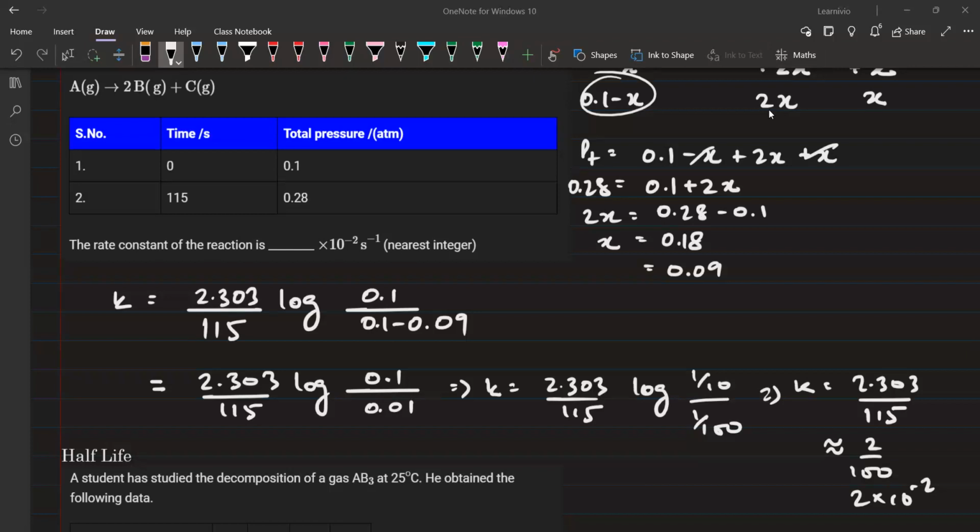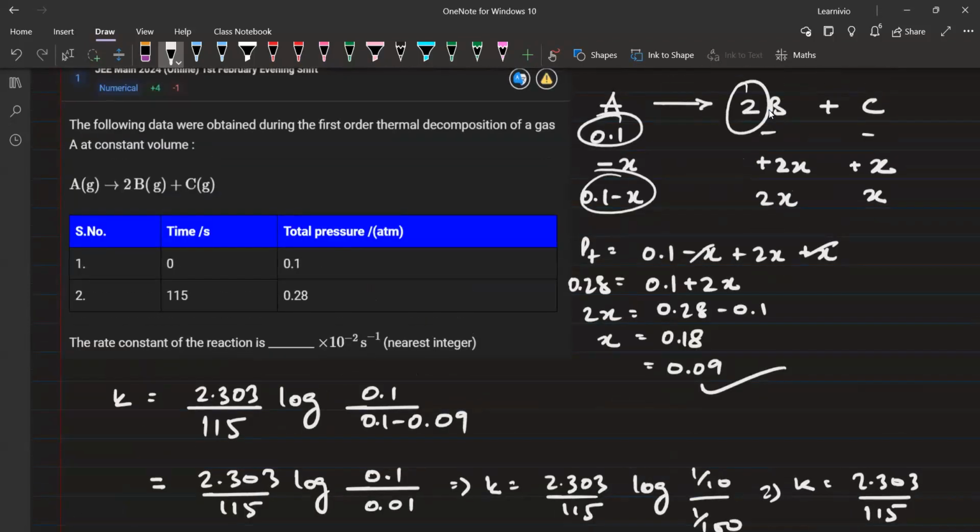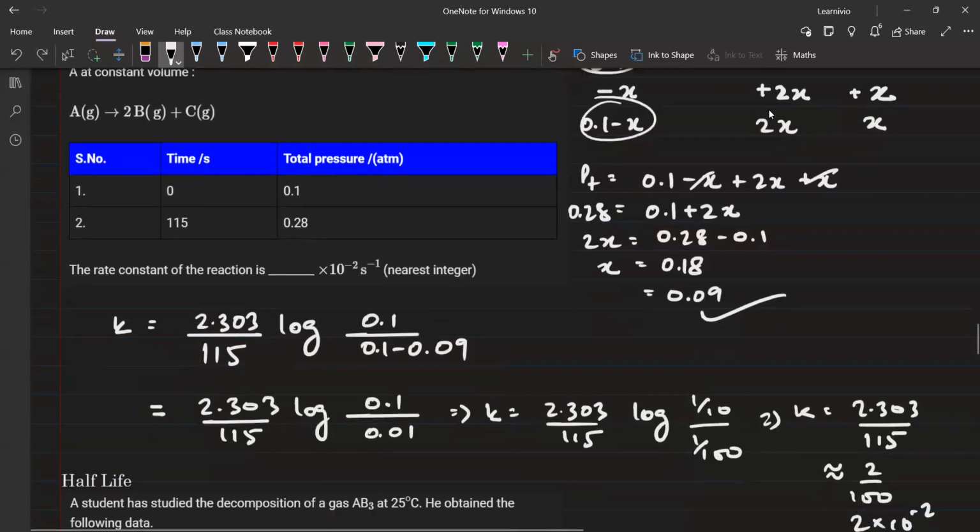I think you will have to calculate the x. If I use here 0.2 minus, that will come into negative. So you'll have to calculate the x here like this, because here we are having 2b rather than b plus c, we are having 2b.